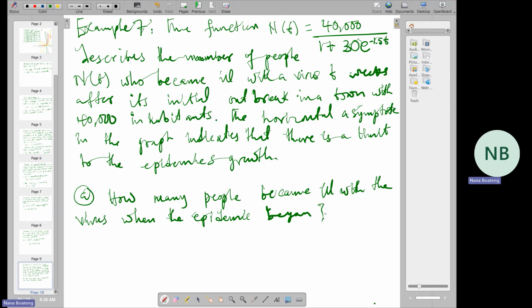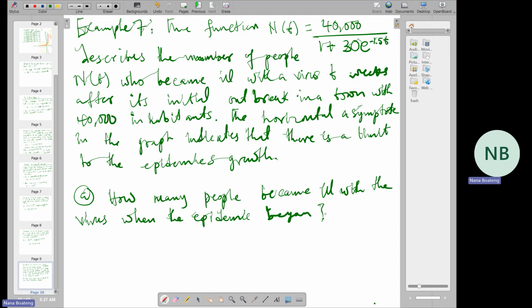All right, so at the time that the epidemic began, the time is 0, so t will be 0. N of t represents the number of people who became ill after t weeks.